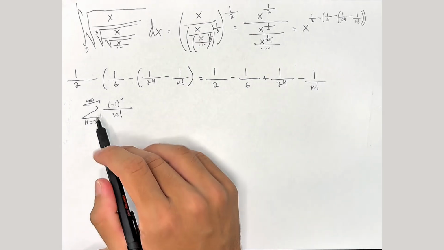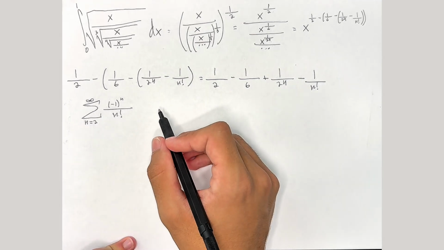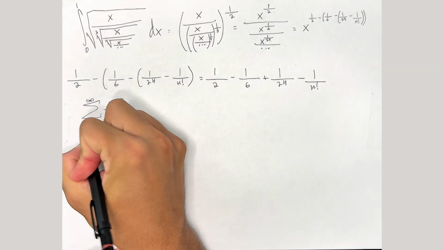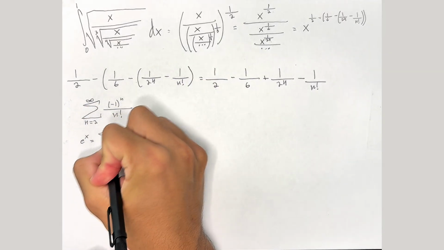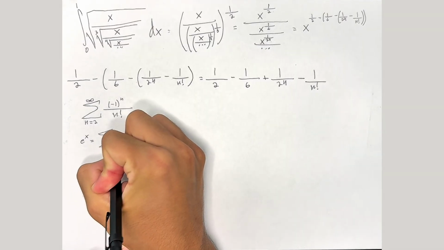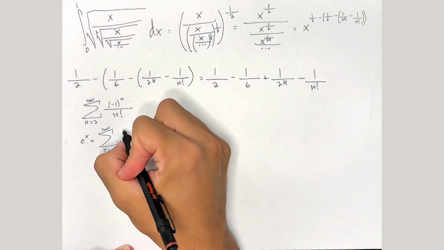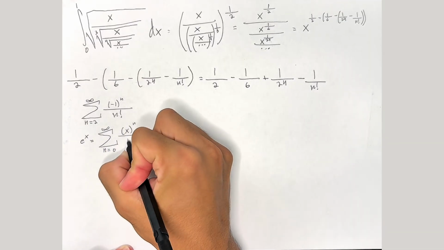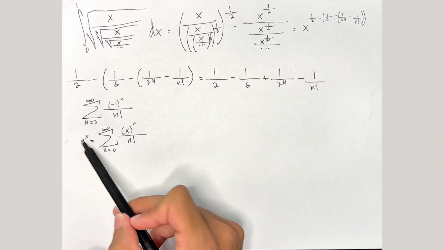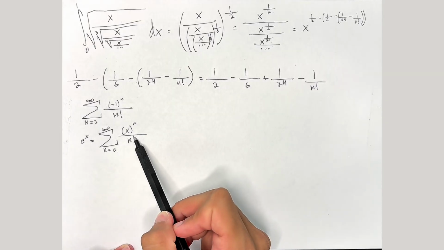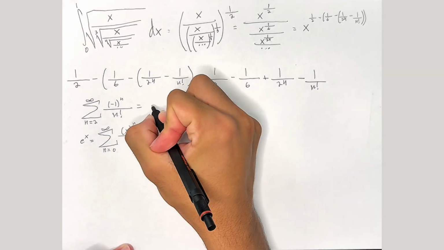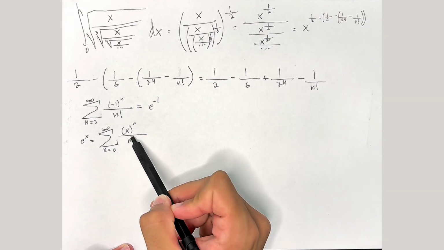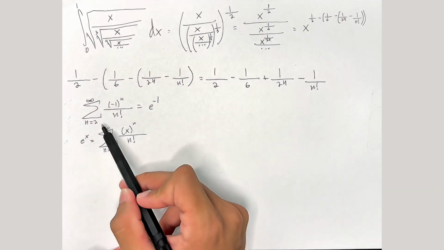From this, we can also compare this to the e to the x Taylor series, which you should have memorized, and it would be e to the x equals the series starting from n equals 0 to infinity of x to the n over n factorial. So from this, we can see that this is actually equal to e to the -1, since we have the -1 in the x's place.